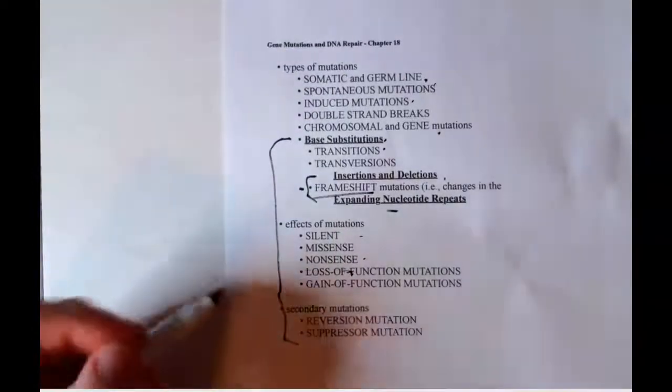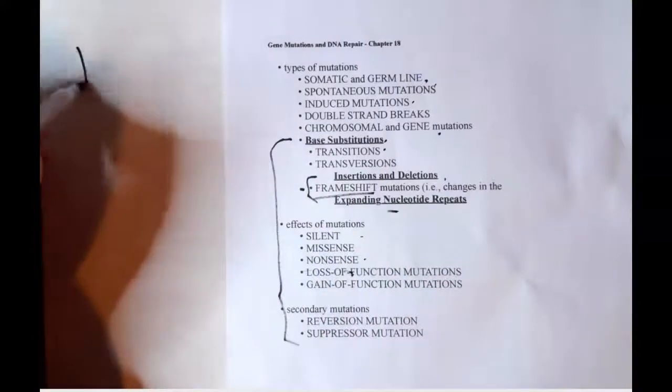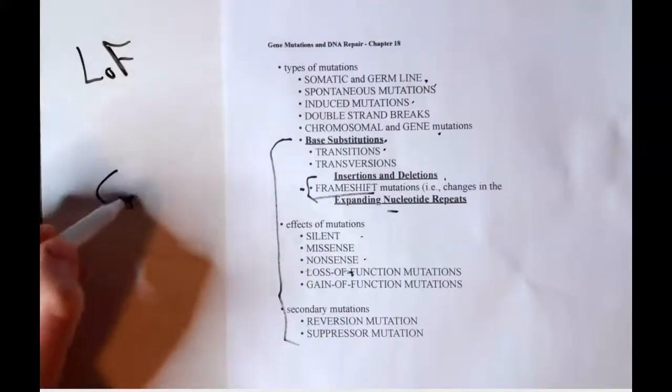The last pair of terms that are on here before we get to secondary mutations is loss of function and gain of function. Loss of function and gain of function mutations get at protein action. When there is a loss of function mutation, the protein that's ultimately made has less or no function compared to its wild type.